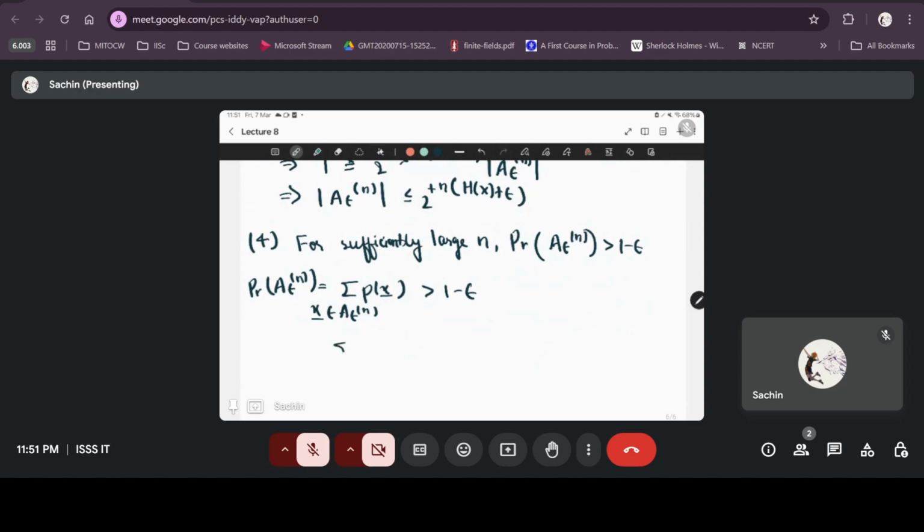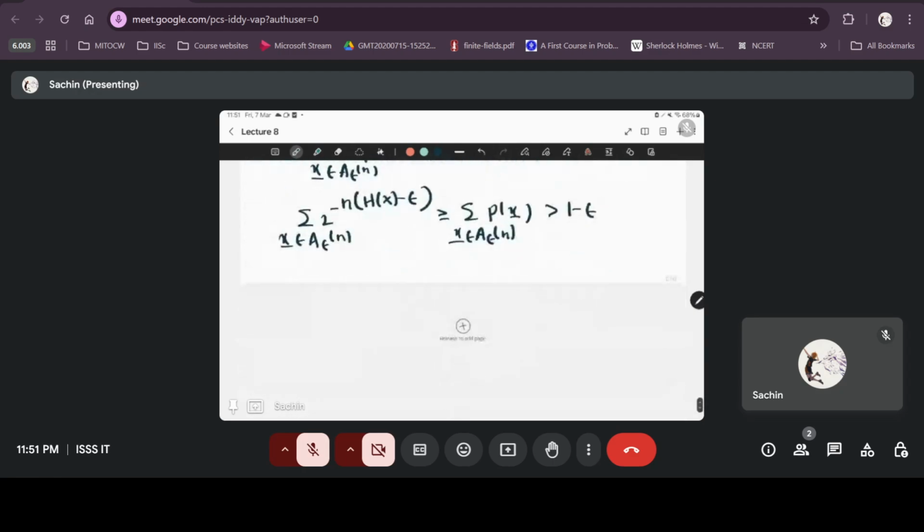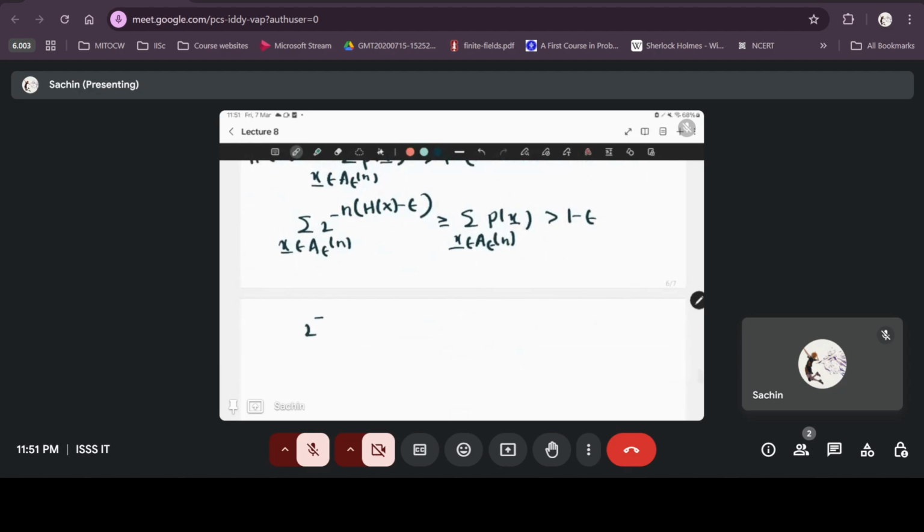But each of these probabilities itself is less than or equal to 2 power minus n (H of X minus epsilon). And this 2 power minus n (H of X minus epsilon) is independent of x and the sequence itself.